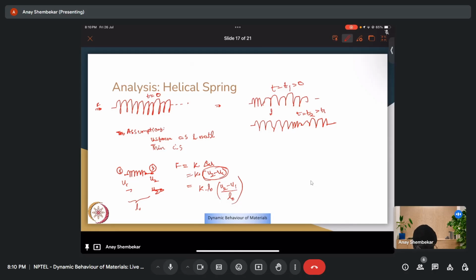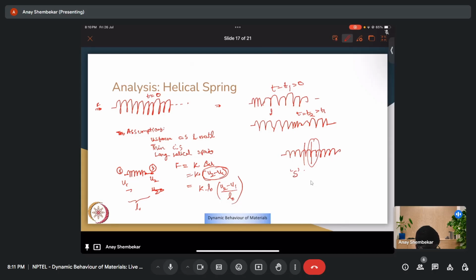If we transfer this to a long helical spring, we can rewrite the force at a particular cross section, or at a thin cross section, as the change in relative displacements at this cross section.